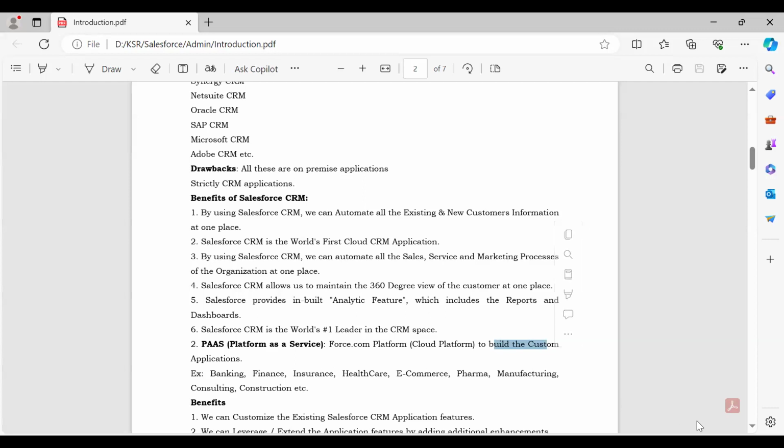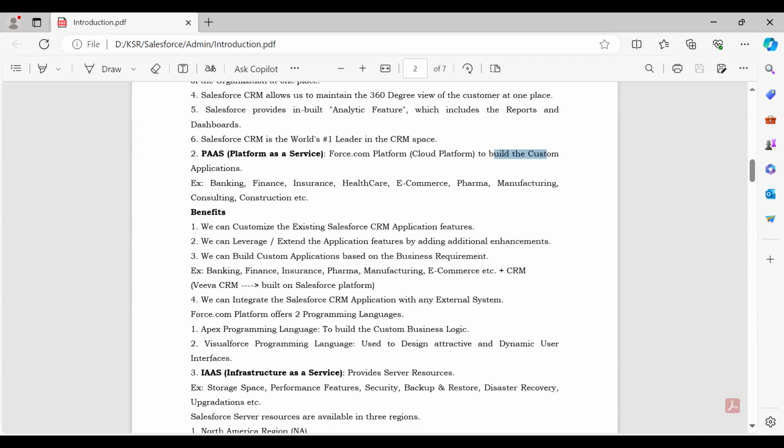Clear? Now, what programming languages does the force.com platform provide for us? By using this platform, we can build custom applications, and to do that we need some programming language. So what does the force.com platform support?